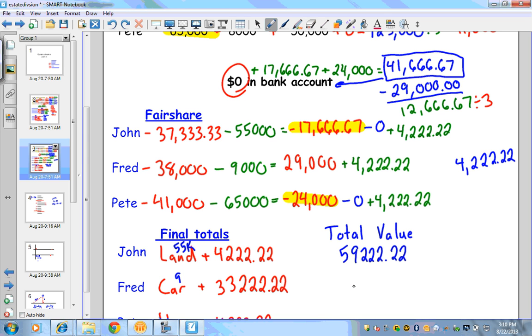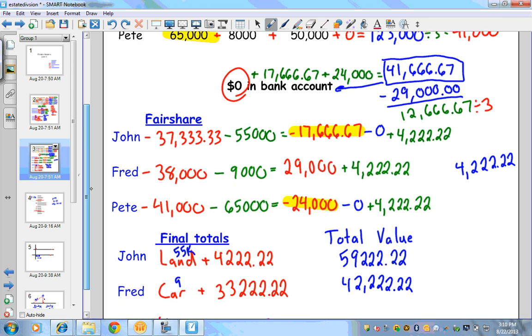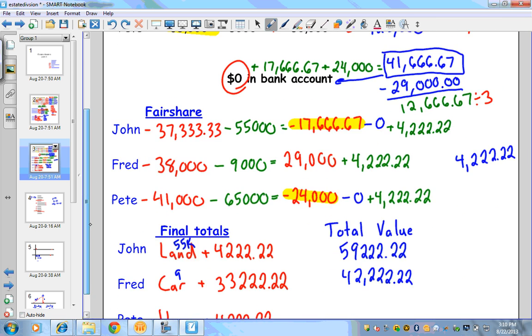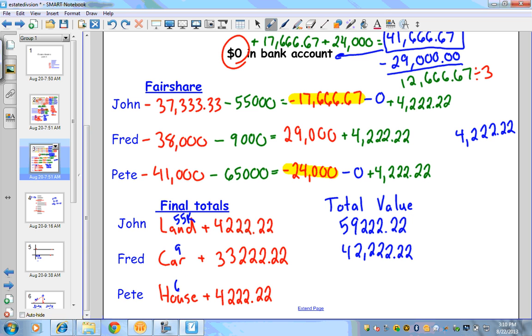That is going to be $42,000. Oh, I'm sorry, Pete bought the house for $65,000. And so Pete is going to walk away with $69,222.22. And that is the total value of each of their parts of the estate.